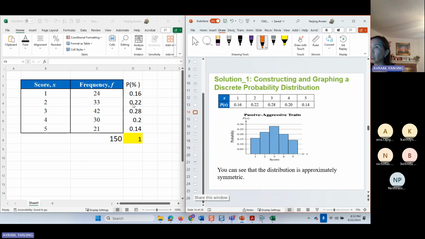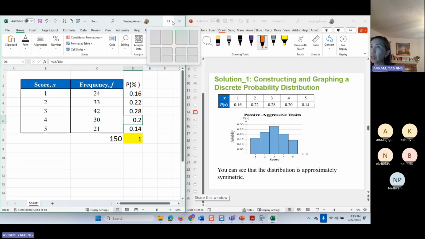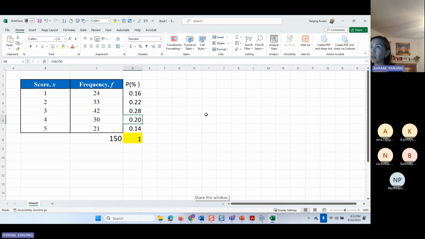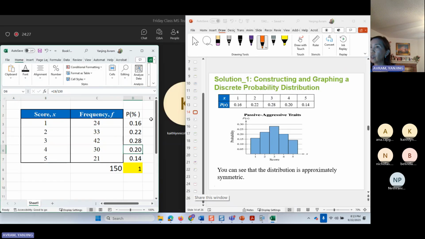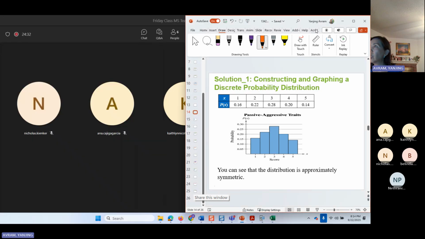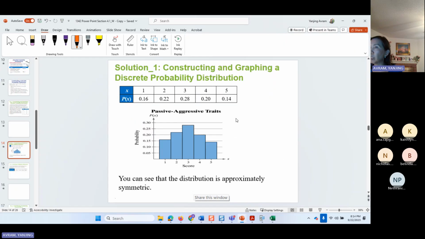Score 2 is 0.22, 0.28 for 3, 0.20 for 4. All right, this one, if you want to make it one more decimal point, you can do this one right here, okay? So that is 0.20, and then score 5 is 0.14, all right? So that is how you calculate the probability, right?